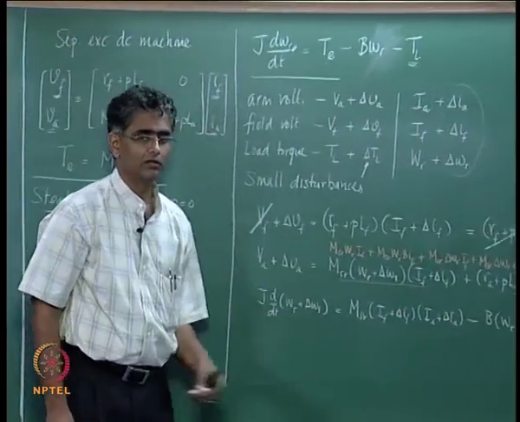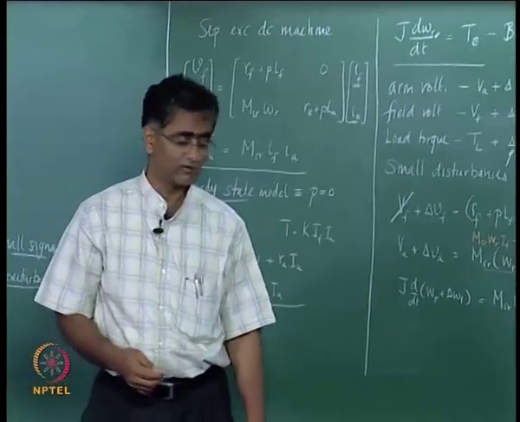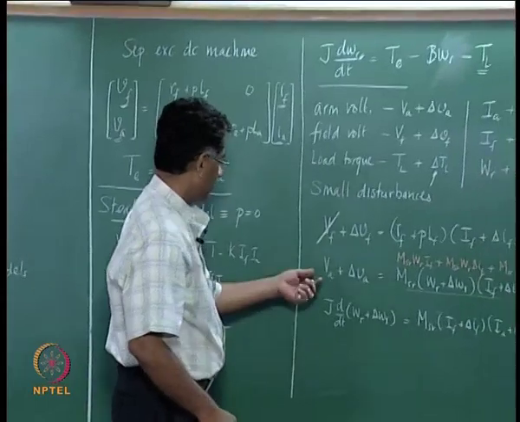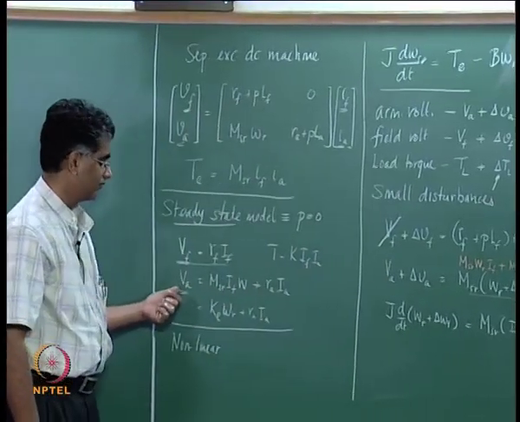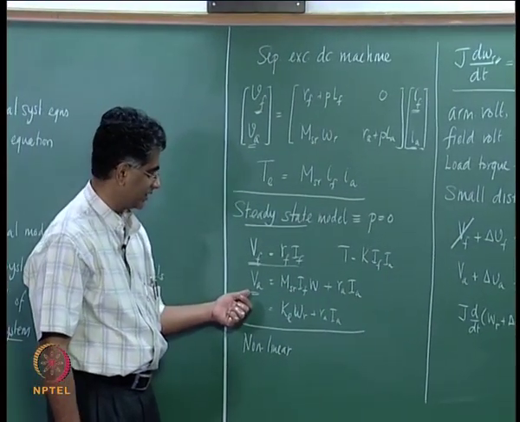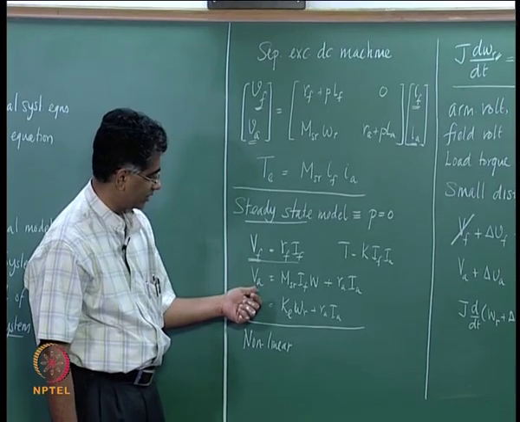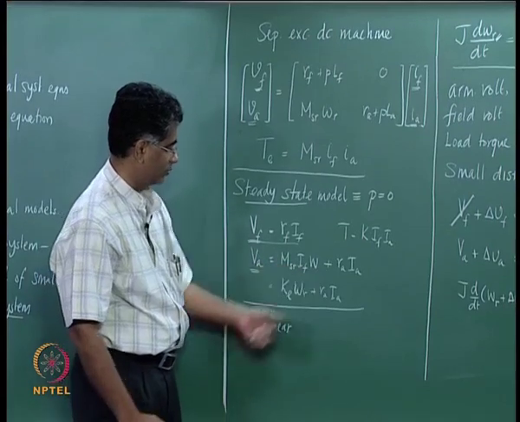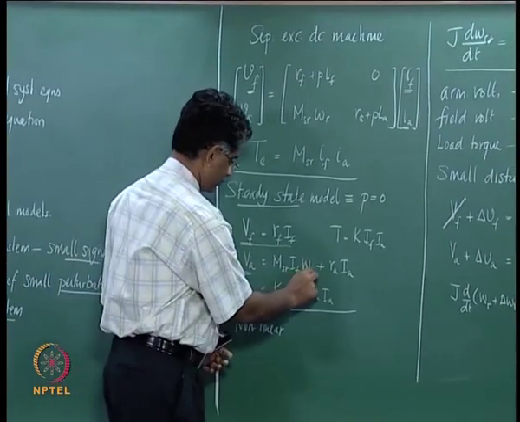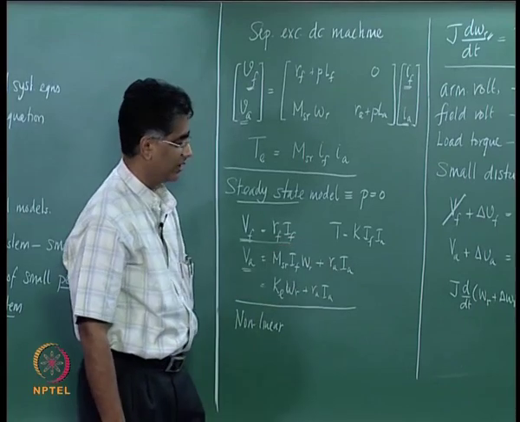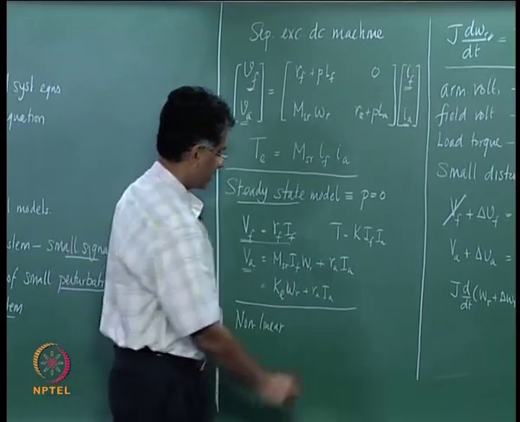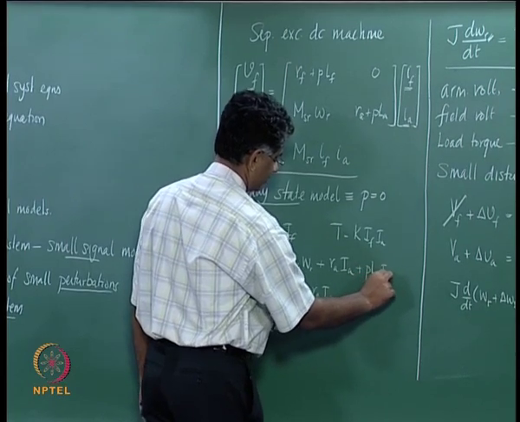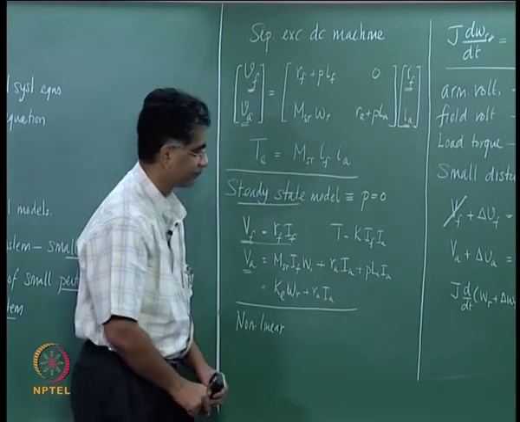So, the orange now gives the expanded version of the right hand side, and we now look at the expression for steady state. The steady state expression says that armature voltage Va uppercase is equal to MSR into If into omega r, and then Ra into IA. One can of course add plus P times LA into IA because this in any way is 0.